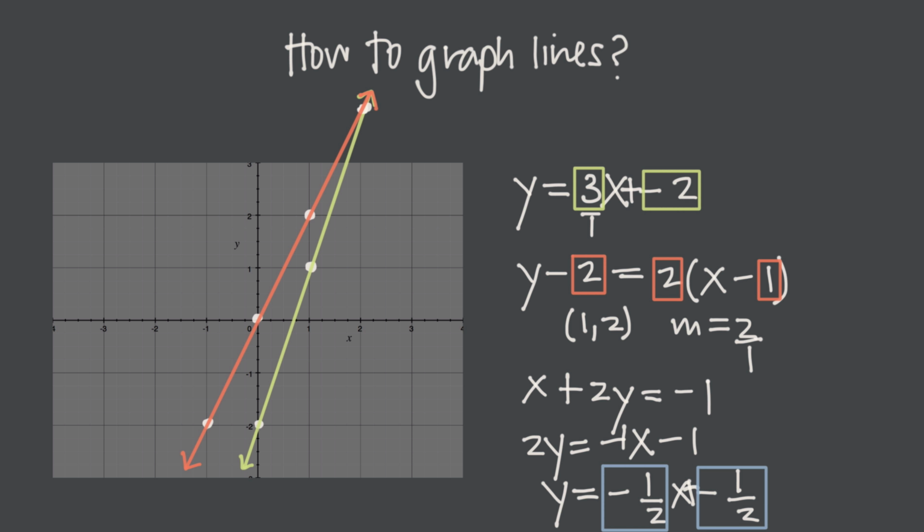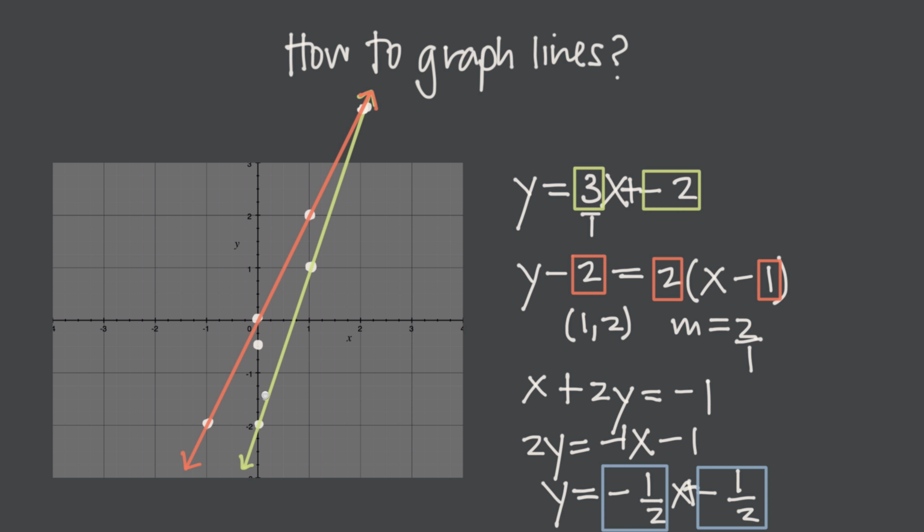So in order to graph that, we'll first find the y-intercept, and we'll say -1/2 is right about here, and then our slope is -1/2. That means we're going to go down 1 along the y-axis for the -1, and then over +2 along the x-axis for the +2.